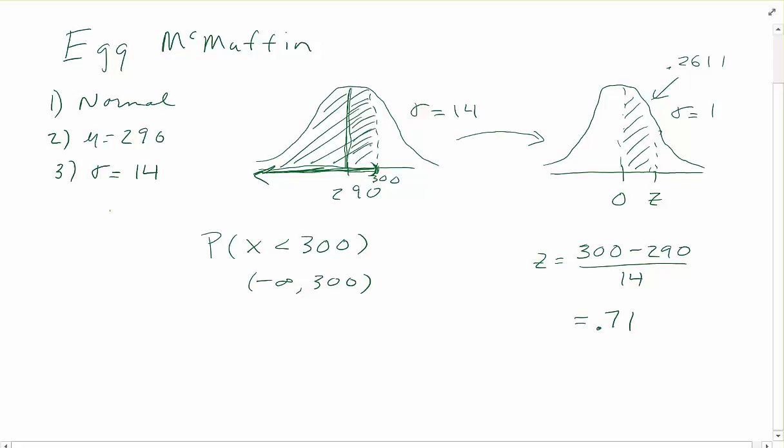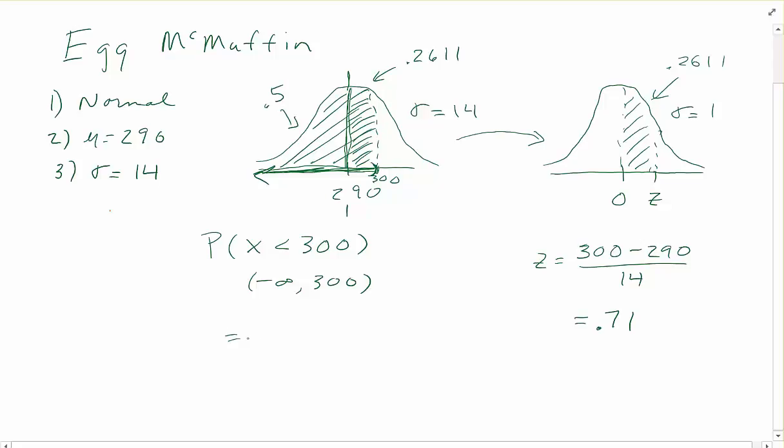Now that tells me that this part right here is 0.2611, and what we already know is the normal distribution is symmetric. The left and right sides of that vertical line going through the center have the same area. Total area under the curve is 100% or 1. So this side of the curve would be 0.5.